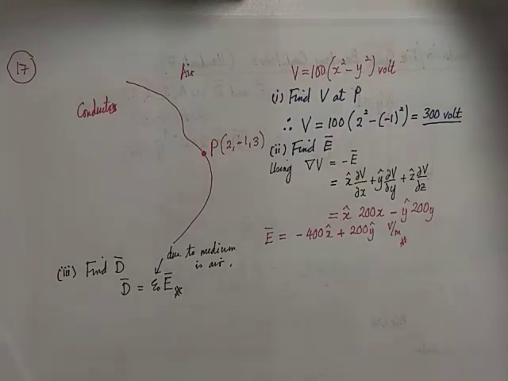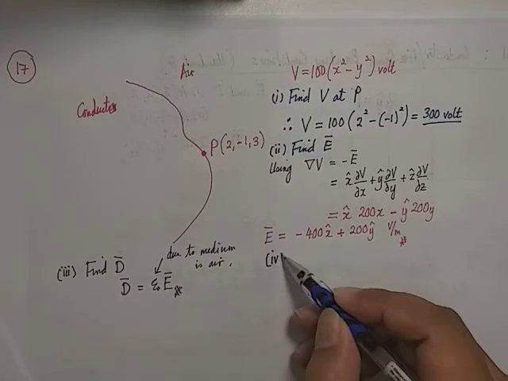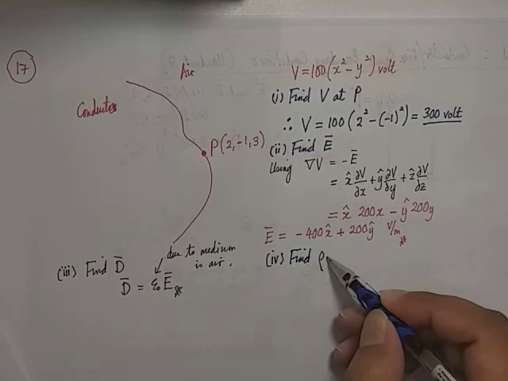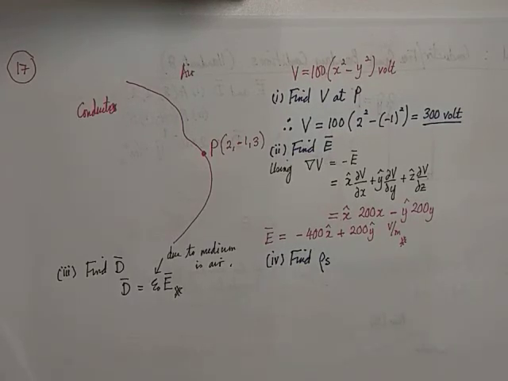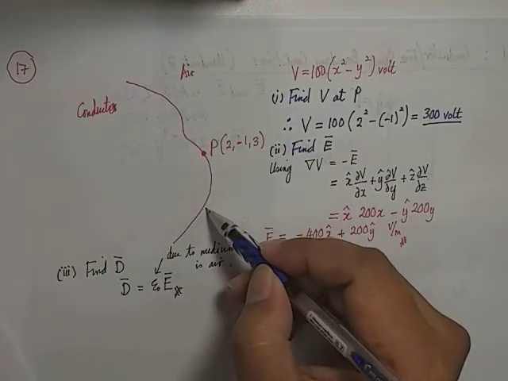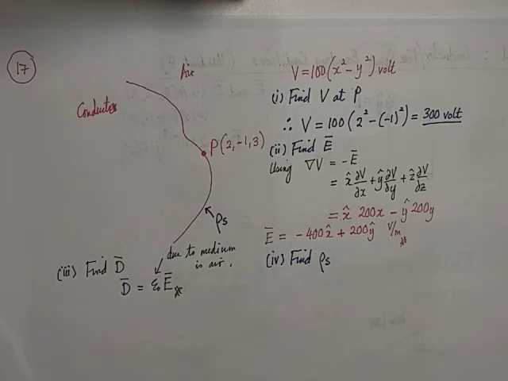Okay, let's continue. For number 4, the question wants us to find rho S. So what should our rho S be here? The rho S must be the surface charge density at the boundary.